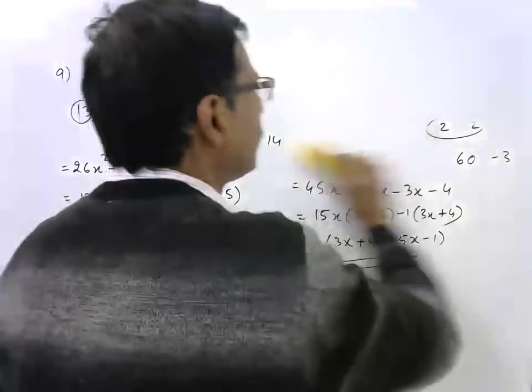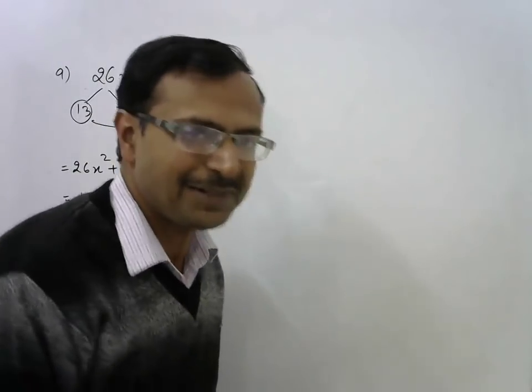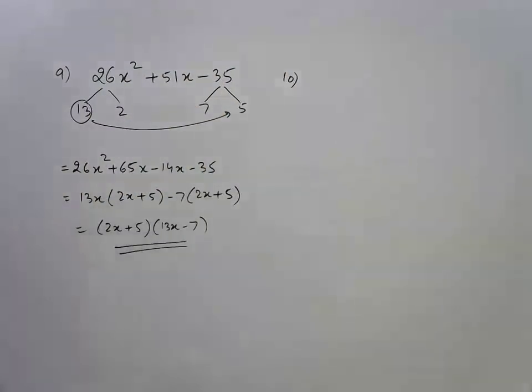So final question for today. This question will not be an easy one, and this will check you all. Let's see. The 10th question and the final one for today. Don't worry about the quantities, just get on with the factorization. Very simple.